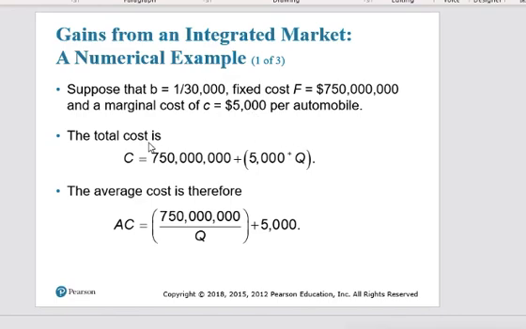So the total cost, capital C, is the fixed cost plus $5,000 variable cost for each vehicle multiplied by Q. It depends also on how many vehicles you produce.